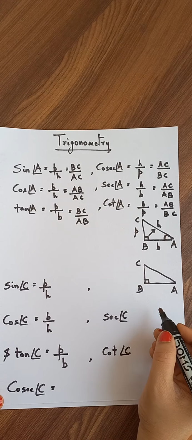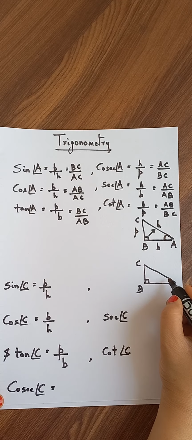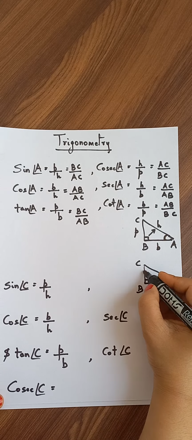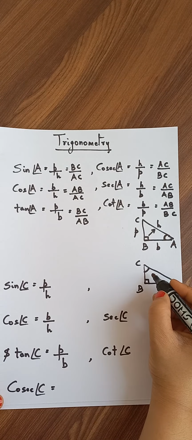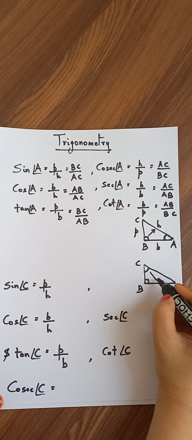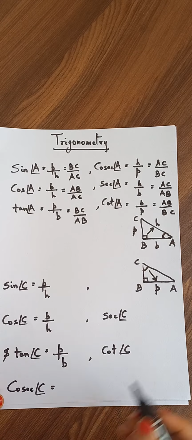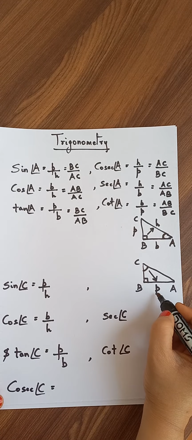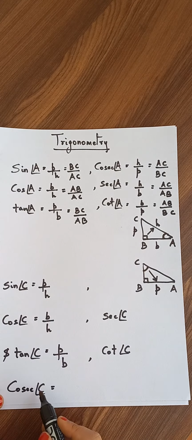For example, now we have to find out all 6 trigonometric ratios with respect to angle C. That means this angle. So look at the screen very carefully. If we consider angle C, then perpendicular will be this side now, because we have to consider perpendicular for that angle only for which we are finding these trigonometric ratios.